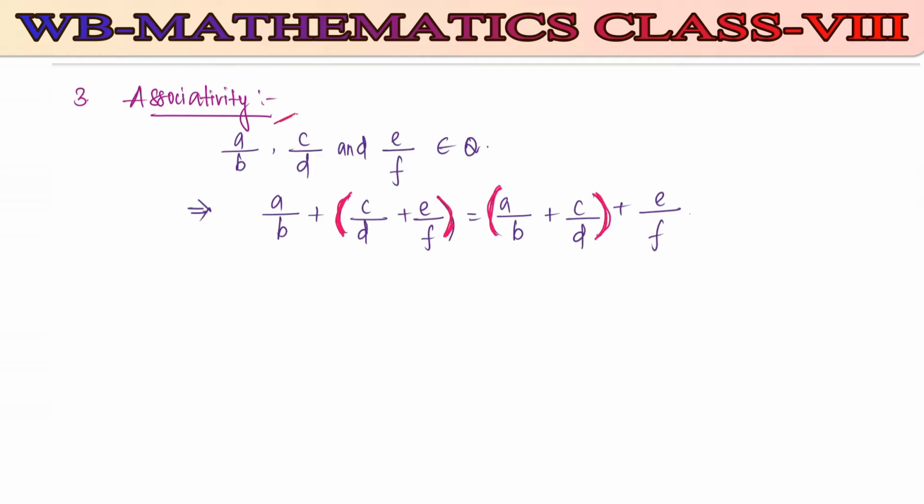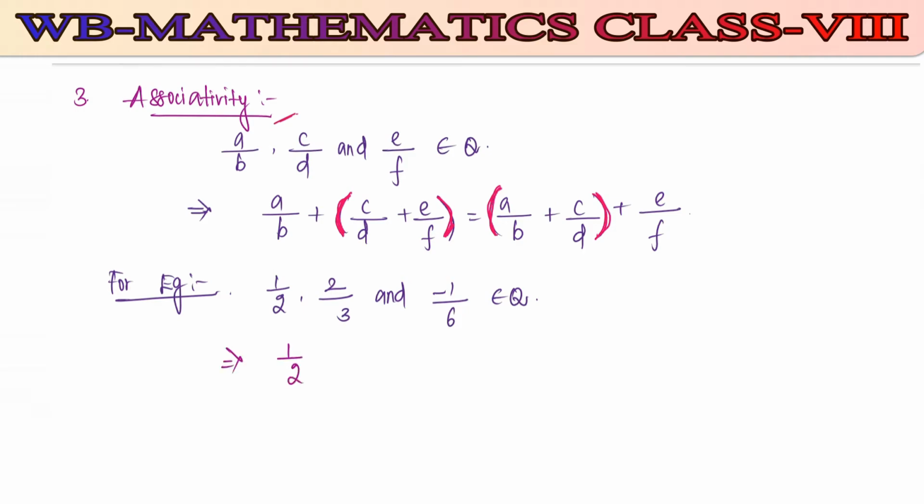Let me check by taking an example. We have the three numbers 1 by 2, 2 by 3 and minus 1 by 6. All three numbers belong to the rational numbers. I am going to substitute them in the formula.